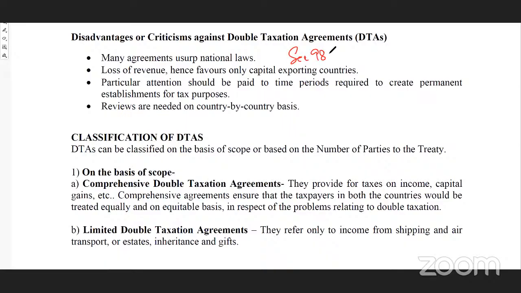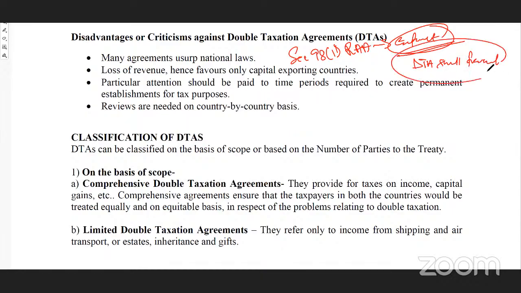Section 98(1) of the Revenue Administration Act. Do you remember? It says that where there is a conflict between the domestic law and the DTA, which one shall prevail? The DTA. Say the DTA shall what? Prevail over the domestic law. We looked at that, right?